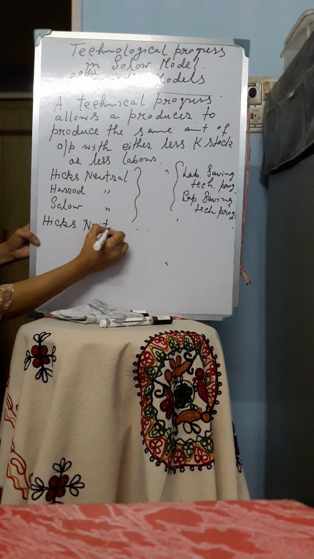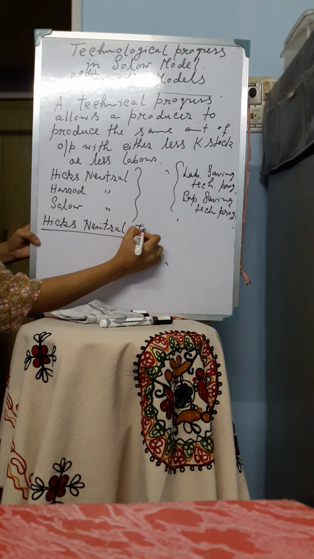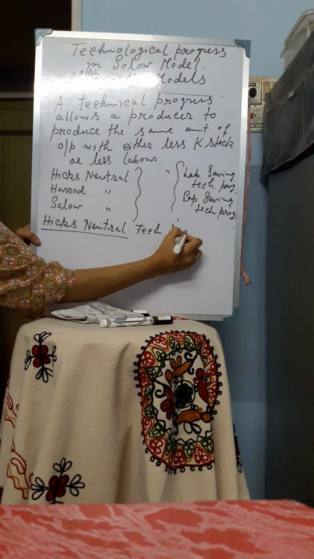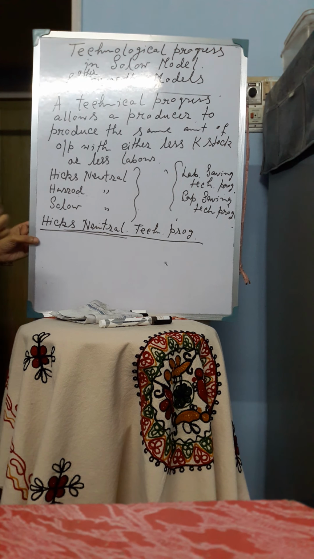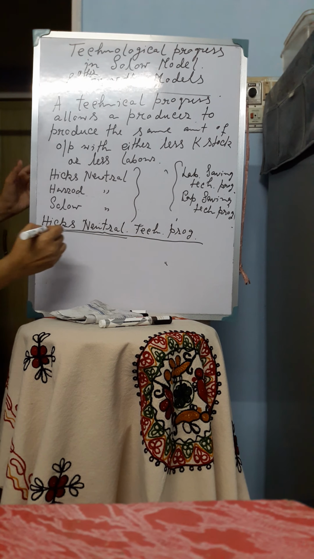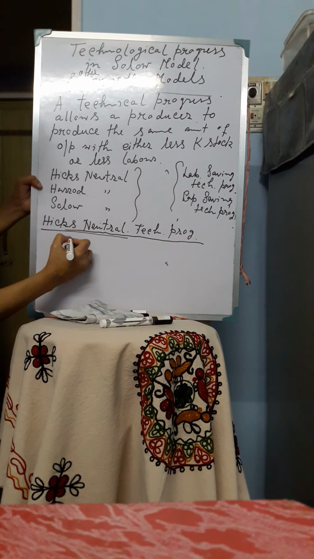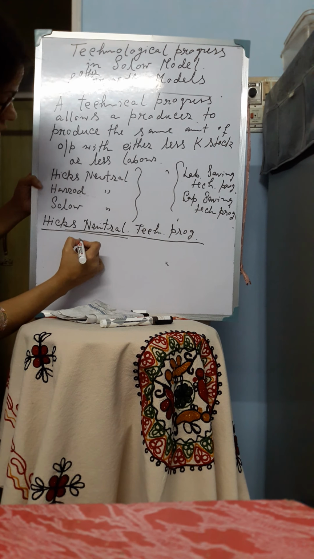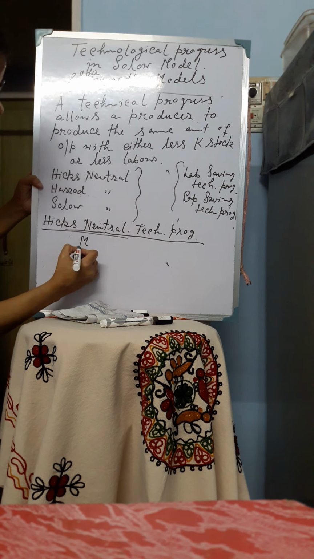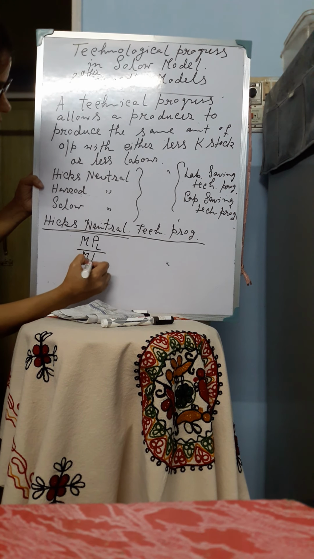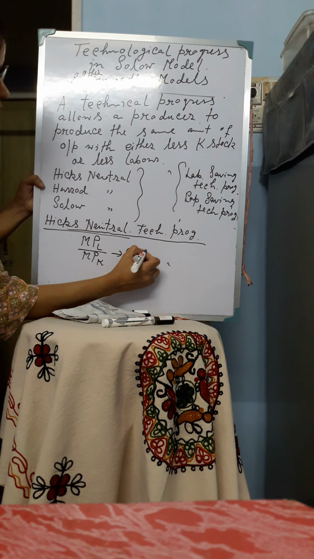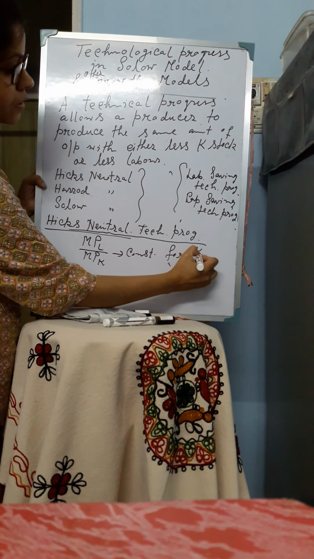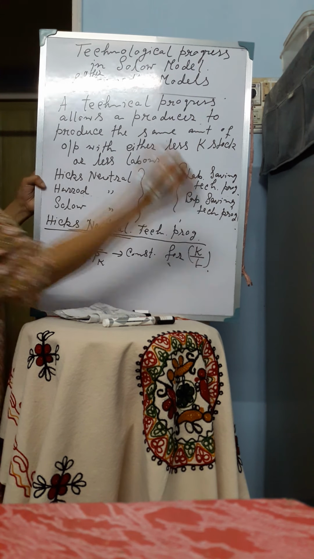So first we are considering the Hicks neutral technological progress. Now according to Hicks, the technological progress is neutral if the ratio between the marginal productivities remain constant for a given capital labor ratio. So as per the Hicks neutral technological progress, MPL by MPK will remain constant for a particular K by L ratio.